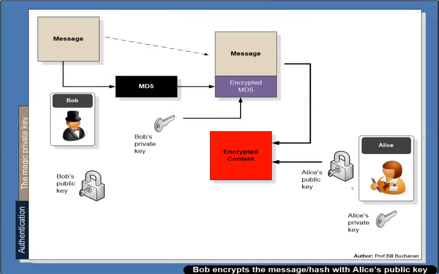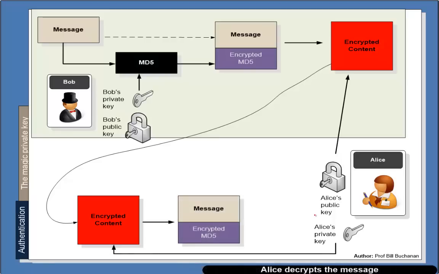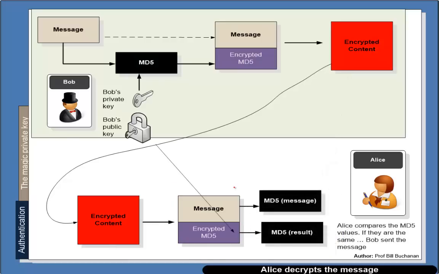So next, as we're sending it to Alice, we'll take Alice's public key, and then we'll encrypt the whole of the contents of this message. So the only key now that can decrypt that is going to be Alice's private key. So Alice then decrypts the message plus the encrypted MD5. She then gets Bob's public key, which is distributed typically by a digital certificate which she trusts.